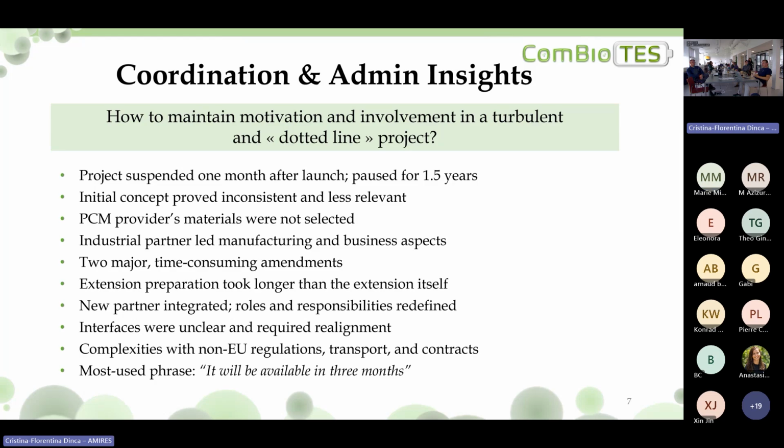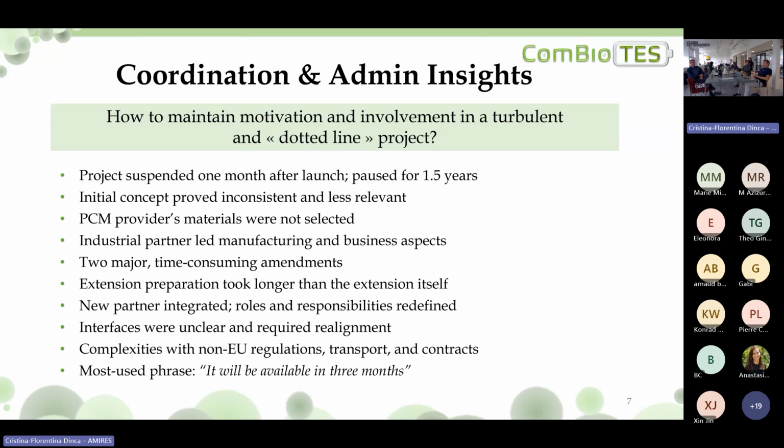So that means that after one point, you have to redefine what you want. The PCM provider that was included in the project was a really good idea. But finally, we said to this guy, okay, nothing that you are providing is okay for us. So it was quite complicated also.